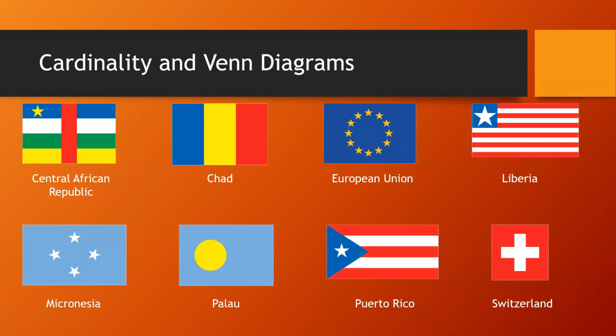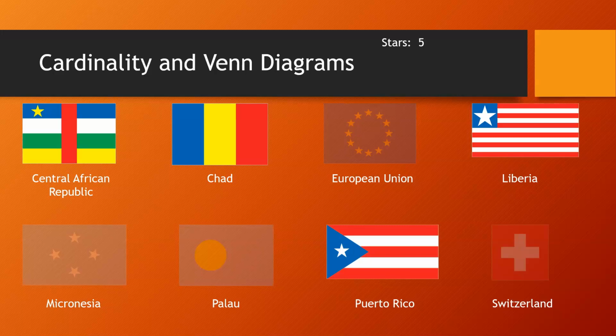Now what we're going to think about with these flags is how many have stripes, how many have stars, and how many have neither of those. So let's start by looking at all the flags that have a star on them. There's 5 of them in all, so we'll just take note of that. Then we'll look at all the flags that have stripes on them.